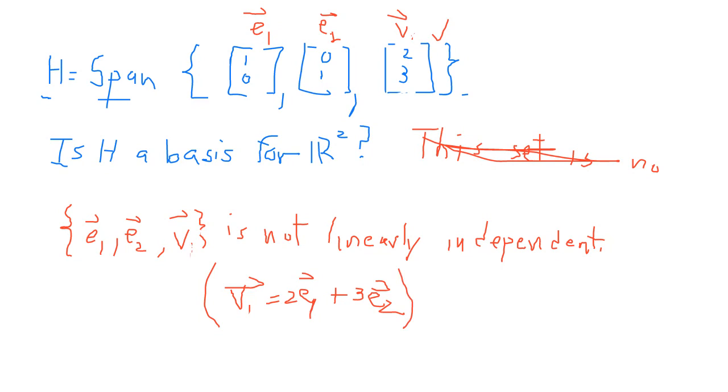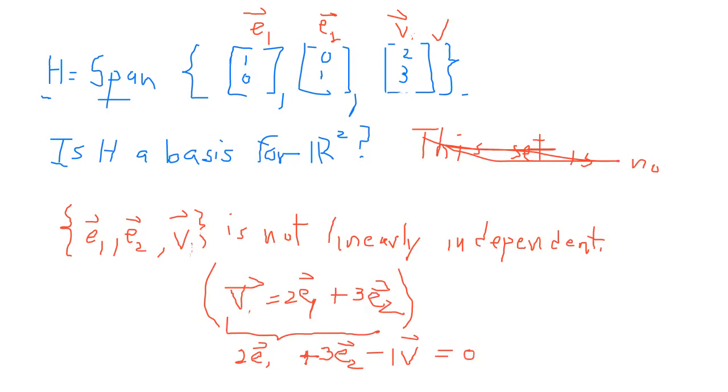Okay, so that means then, hold on. You could also think of that, incidentally, as 2 times E1 plus 3 times E2 minus 1 times V equals a zero vector.